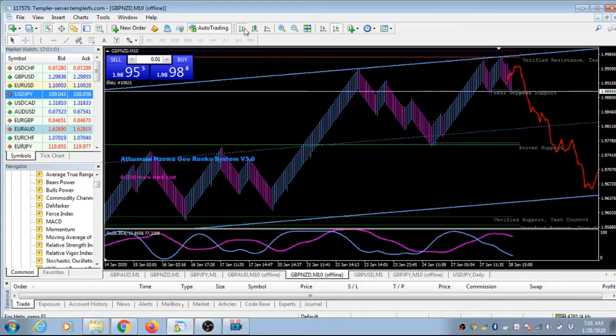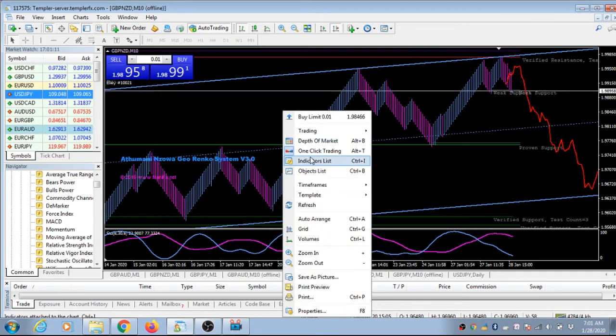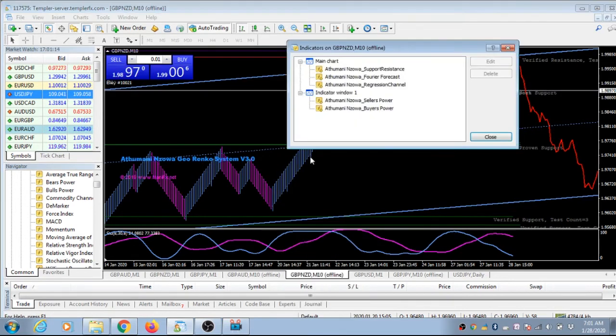Let me shift it to the bar chart, like this. Okay, so coming back to explaining my system, I said before it has an expert advisor which converts the normal charts into the geometric charts, and we have 5 indicators: the support and resistance, Fourier forecast, the regression channel, the seller's power, and the buyer's power.